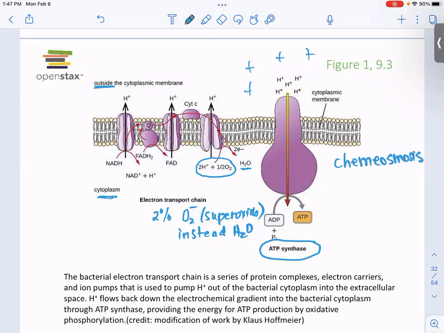That's when those protons can diffuse in down their concentration gradient, from a high concentration to low concentration. And that process causes the phosphorylation of ADP to ATP. So what started out as the NADH being oxidized to NAD ends up in this phosphorylation.